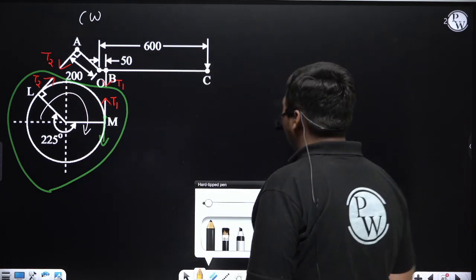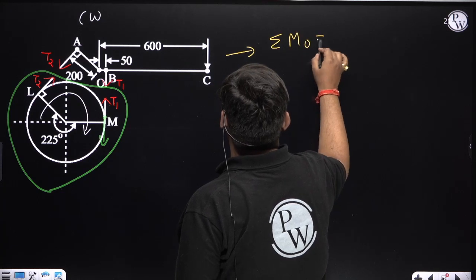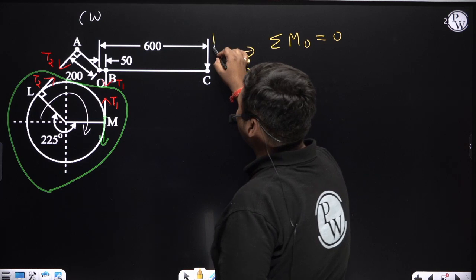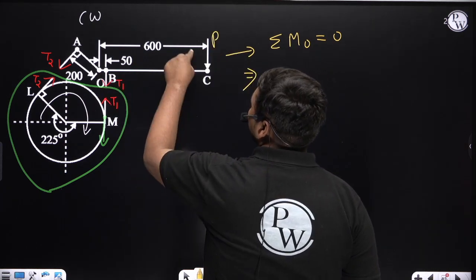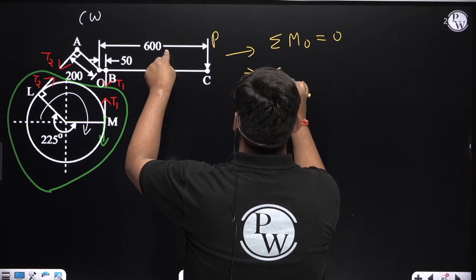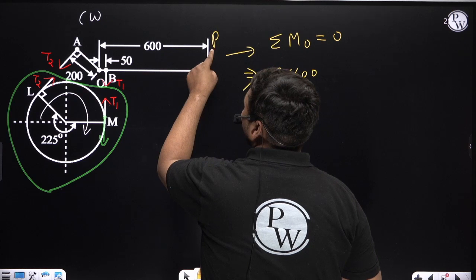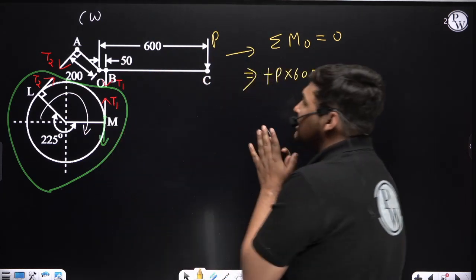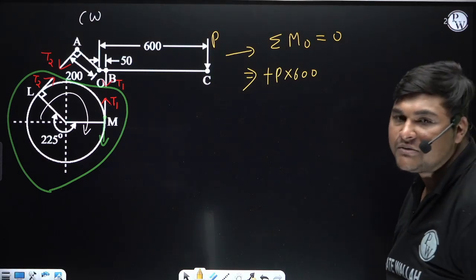Now in this FBD, we will take net moment about fulcrum O equal to 0. Suppose I am denoting braking effort as P. So the moment of braking effort P about O is P into this distance, which is 600. All distances are in mm here. Now the direction of moment of this effort P about O is clockwise. Suppose I am taking clockwise moment as plus, then we will take anti-clockwise moment as minus.